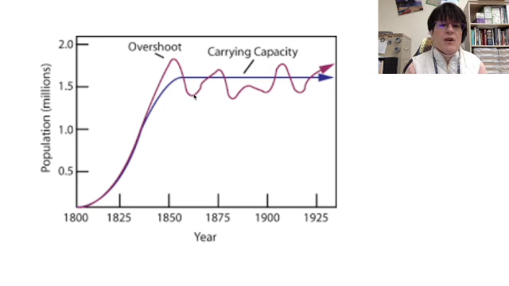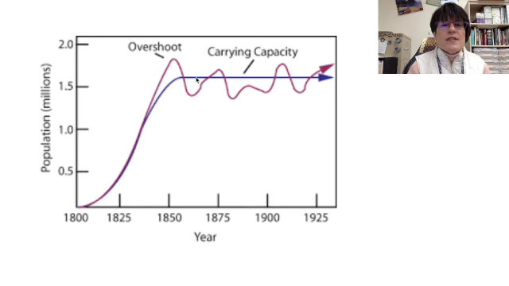But now they're below the carrying capacity and the environment can hold more. So births will outnumber deaths, and it will go just a little bit over the carrying capacity, and there will be this back and forth. So it will never just level right off at the carrying capacity, but there will be this up and down, and the average is the carrying capacity.